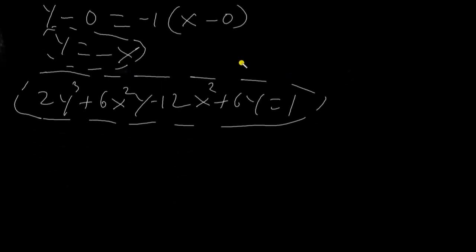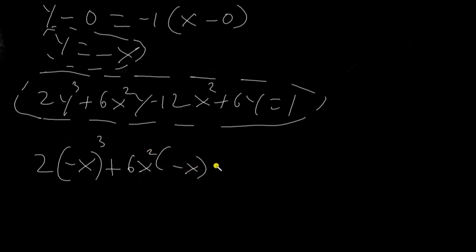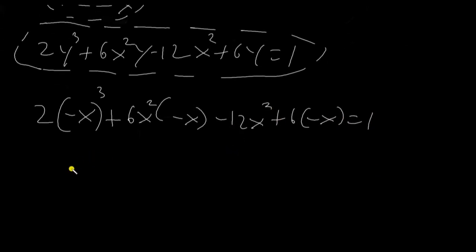To find that point, I'm going to plug in -x whenever I see a y, combining these two equations to make everything in terms of one variable. So it's going to be 2 times (-x) cubed plus 6x squared times (-x) minus 12x squared plus 6 times (-x) equals 1.